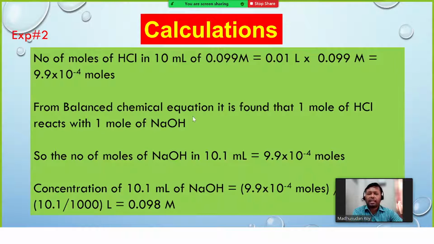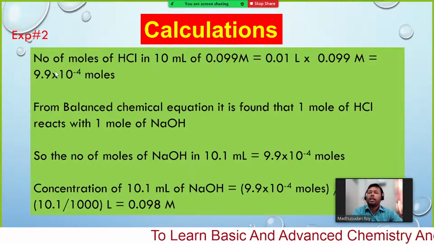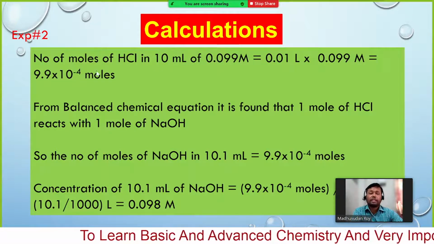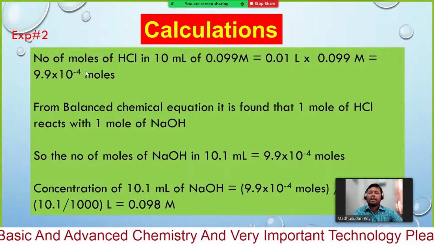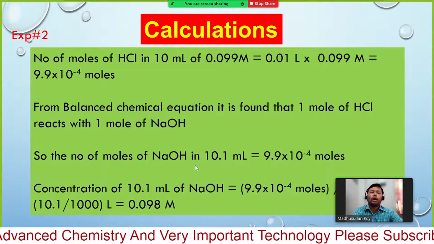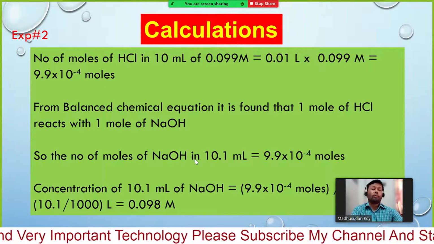Then from the balanced chemical equation, 1 mole of hydrochloric acid reacts with 1 mole of sodium hydroxide. So the moles of hydrochloric acid you have found in the 10 ml will be exactly equal to the moles in the 10.1 ml of sodium hydroxide that we have added from the burette.